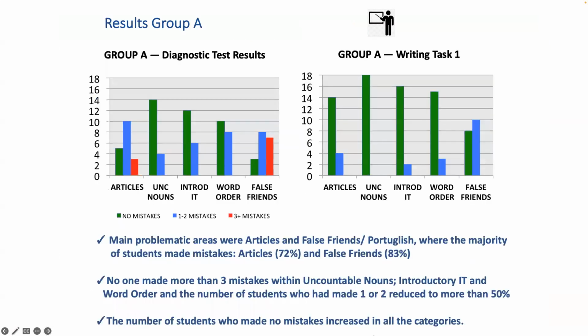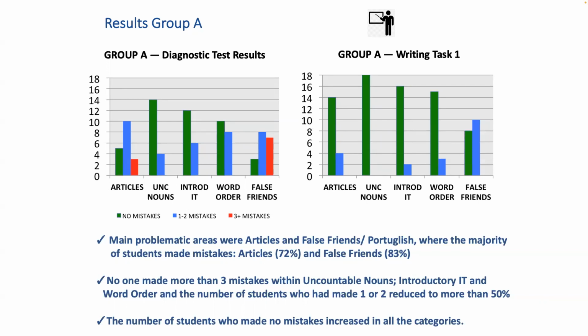Now, these were the results for Group A. And this was the group that experienced a traditional teacher-centered approach. Basically, students were given additional written and oral exercises using examples in class, and then homework exercises, which were then corrected on the board.